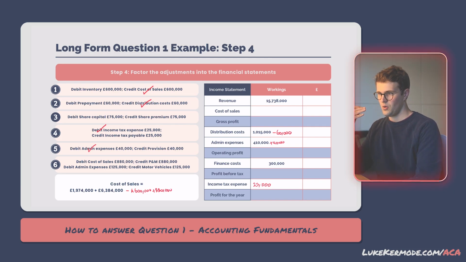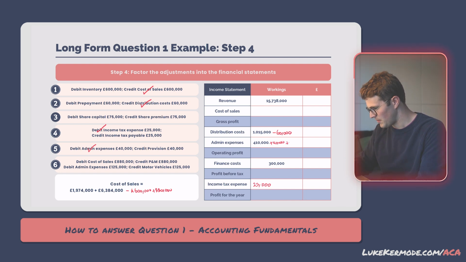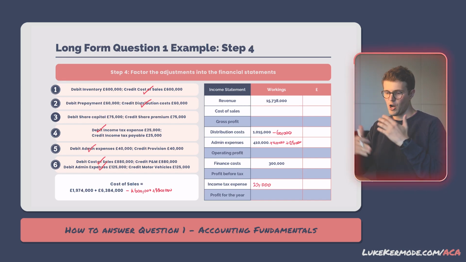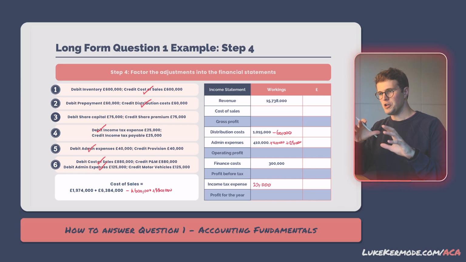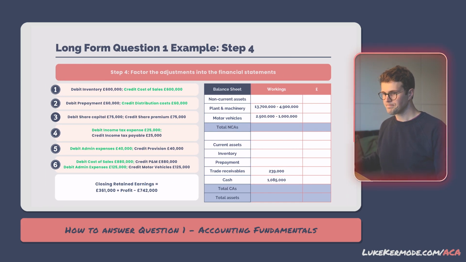And we also have £125,000 worth of motor vehicle depreciation, which is charged to administrative expenses. So we can tick both of those off. We've processed those adjustments. Again, be sure to highlight each journal entry as you process it, because it's going to help you keep track and ensure that every adjustment has been properly reflected in your financial statements.